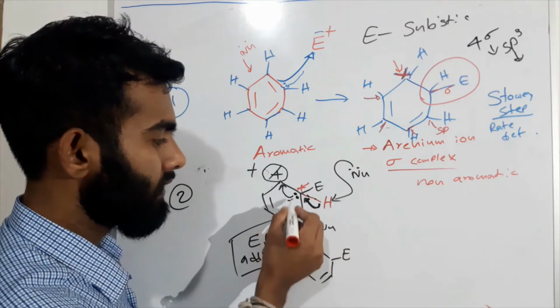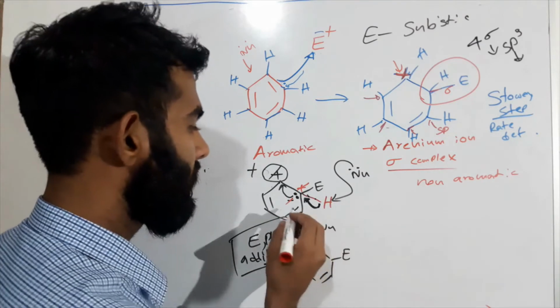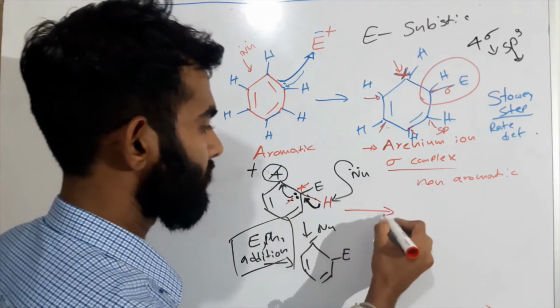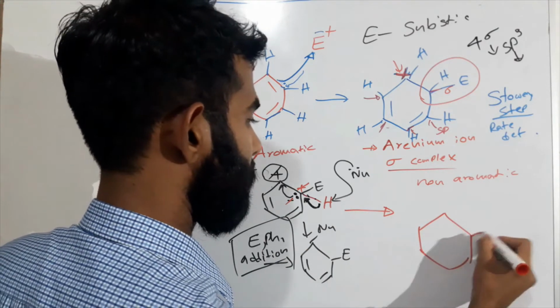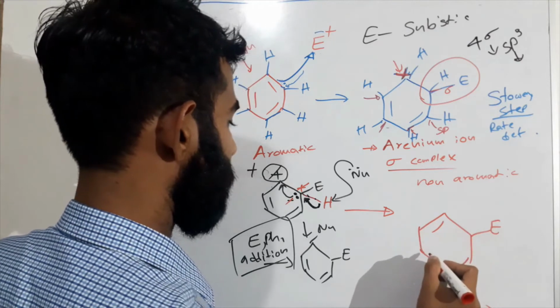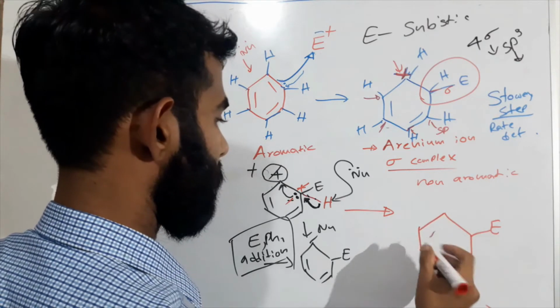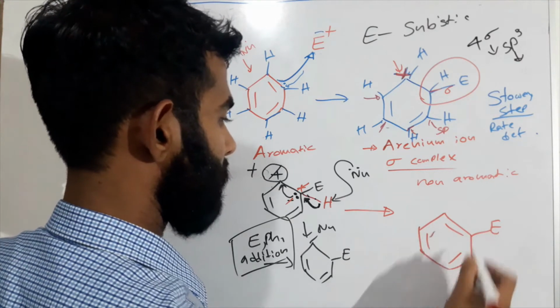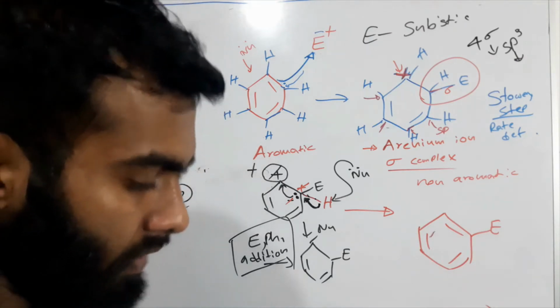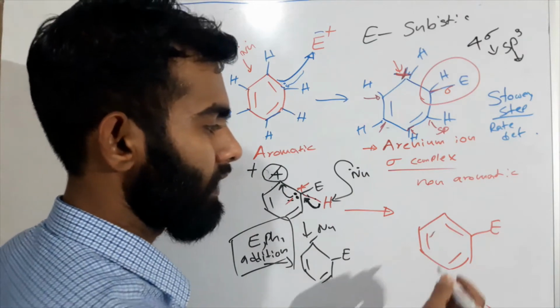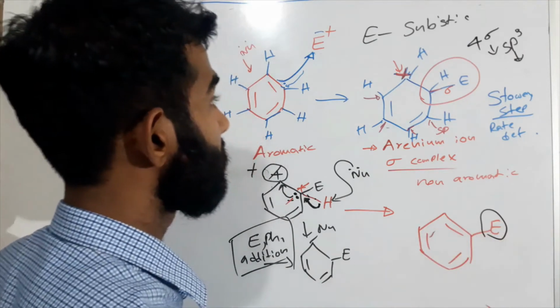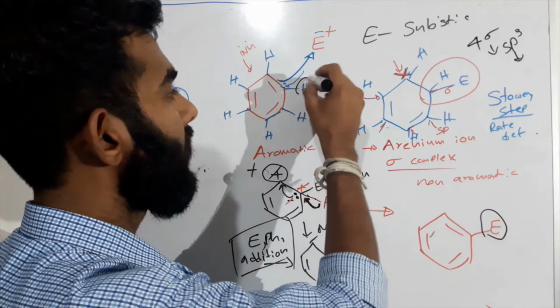This positive charge and this negative charge cancel out, so it will produce this structure. Again it forms its pi bond. Now the electrophile is substituted in place of that hydrogen.